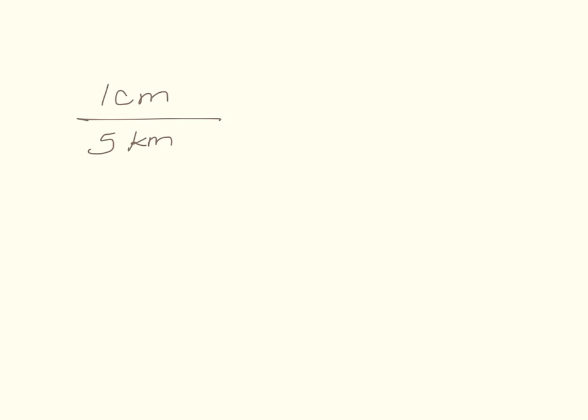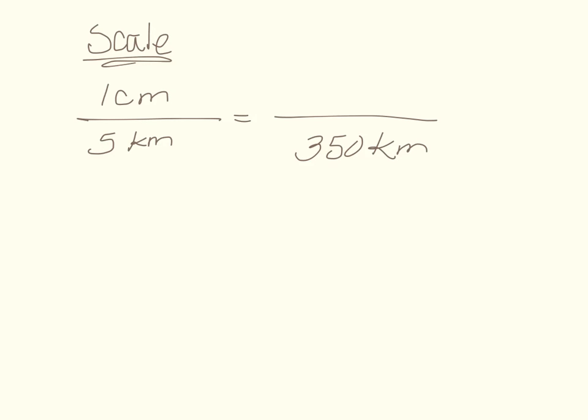I'm going to label this as my scale. 1 to 5. Now, I want to know what that is in reality. So in reality, what if I were trying to find the distance from one city to another? Maybe it's 350 kilometers from one city to another. So what would that be if I had to draw it on a map?